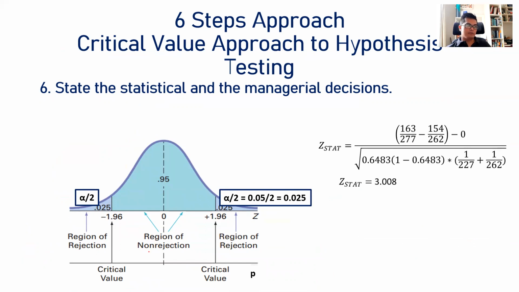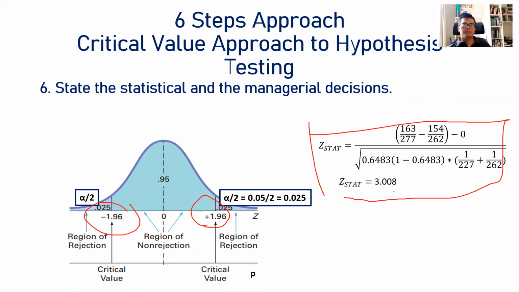We've computed that the critical values are minus 1.96 and plus 1.96, and we also computed the test statistic, which is 3.008. 3.008 lies at the right side of the critical value, so it lies in the region of rejection, right?